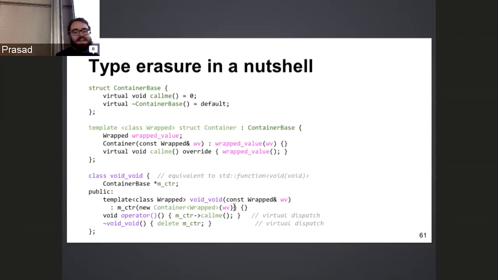And it has an overloaded operator paren, which is not virtual, because it only needs the one, but it's going to call the virtual one via virtual dispatch. And it has a non-virtual destructor that calls the contained thing's virtual destructor. And there you go, type erasure in a nutshell. That's what it looks like in code.